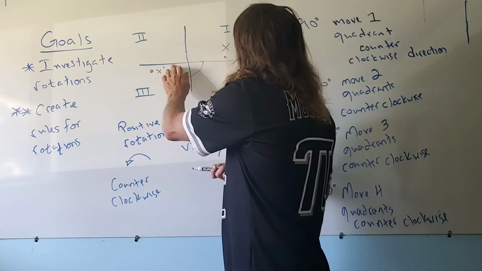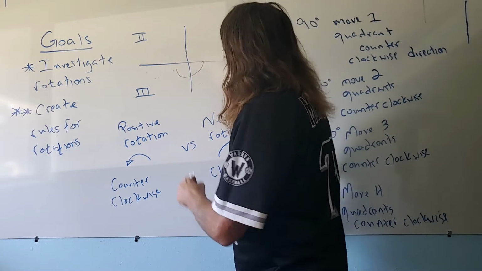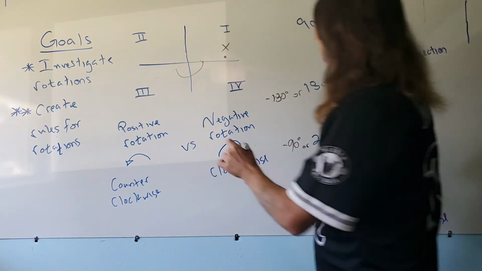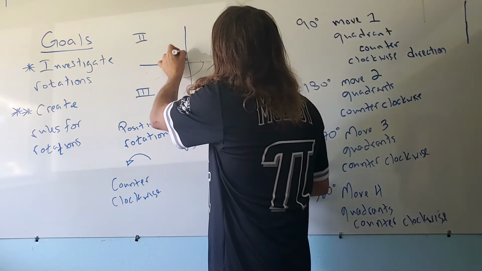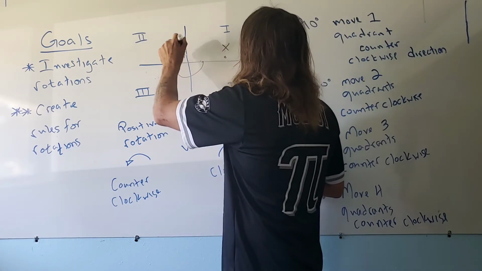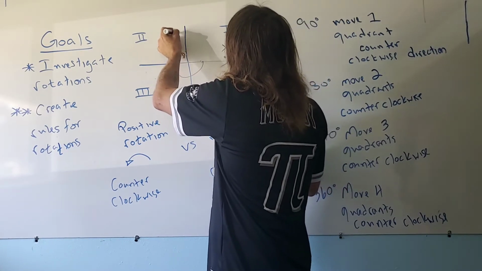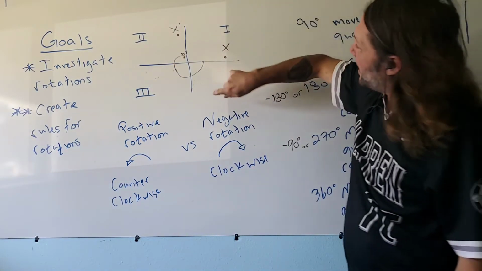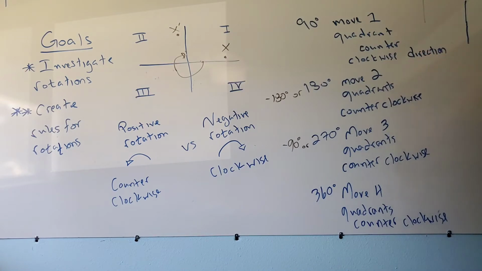And let me finally wrap this up with my negative 270 degree rotation. That would take me up to this part of the axis. So I rotate this all the way around. I'm going to end up right here, which was the exact same location I ended up when I did a 90 degree counterclockwise rotation.